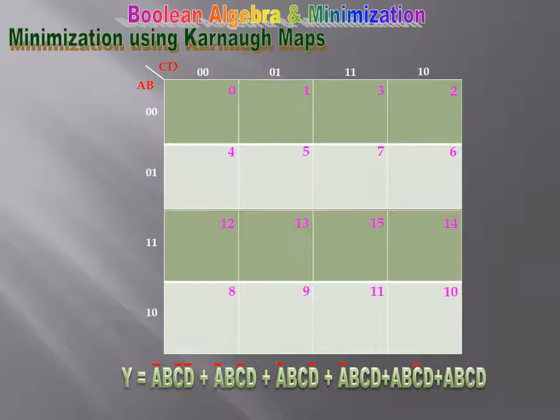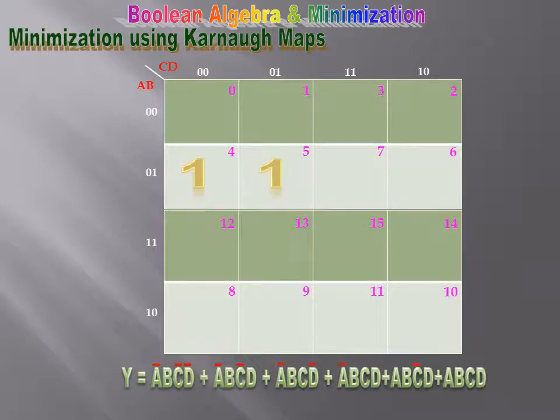If we see this expression, the first min term is a naught b c naught d naught, which means 0, 1, 0, 0. This cell represents 0, 1, 0, 0, which means 4, so it will be cell 4, and accordingly all the terms will occupy the cells according to the value they represent.